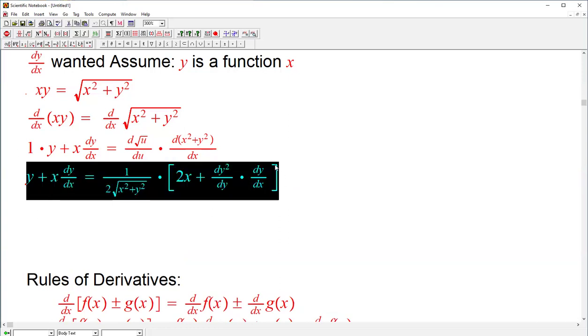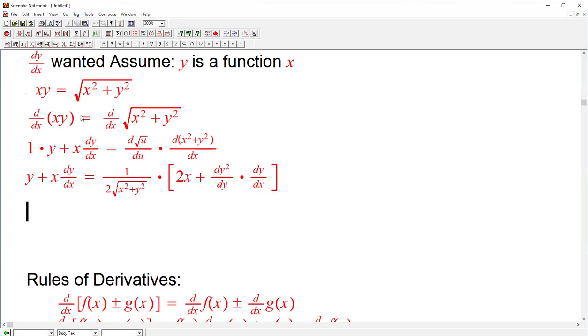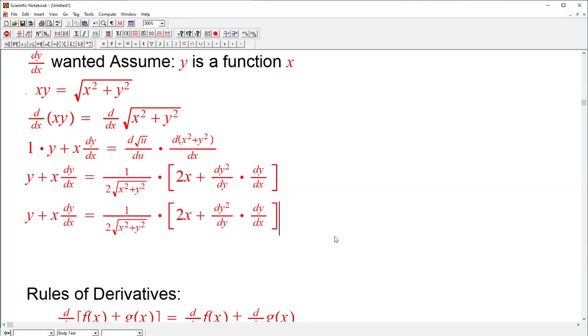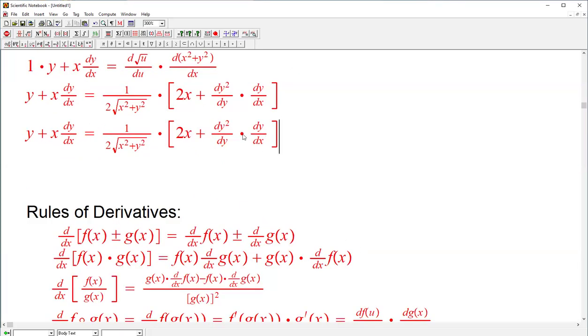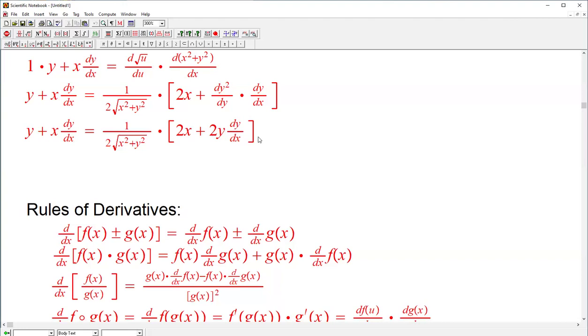Now, we get dy dx on both sides, and on the right side, we have this bracket, right? So over here, let's do the 2 times y. If you notice, there's a 2 here, there's a 2 here. I can factor out the 2 and bring the 2 out, and this 2 will take away this 2. So that will make our life a little bit easier.